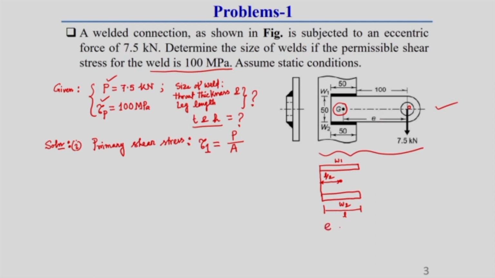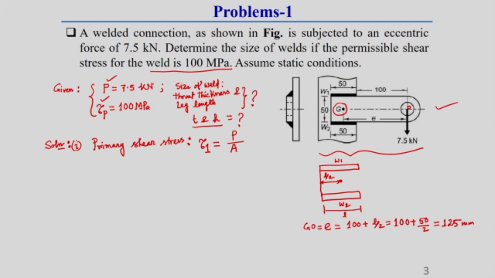Due to the symmetric weld, eccentric distance e will be 100 plus L by 2, that is 100 plus 50 by 2, which will be 125. This is the eccentric distance e between G and O. So, eccentric distance e, here G O, is equal to this.